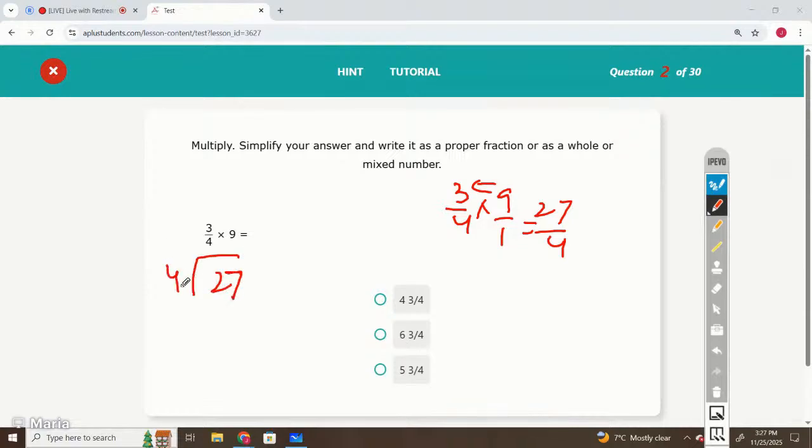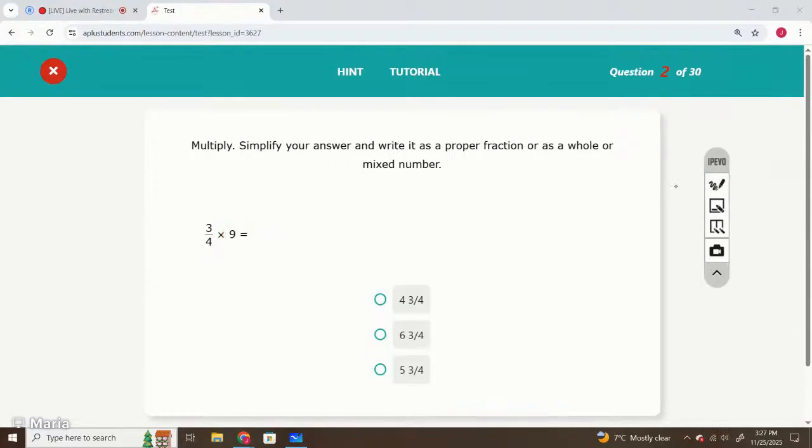Let's just divide. 4 times 6 is 24. Here we have 3. That is 6 whole 3 by 4. The correct option is 6 whole 3 by 4. Option number 2 is the correct option, that is 6 whole 3 by 4.